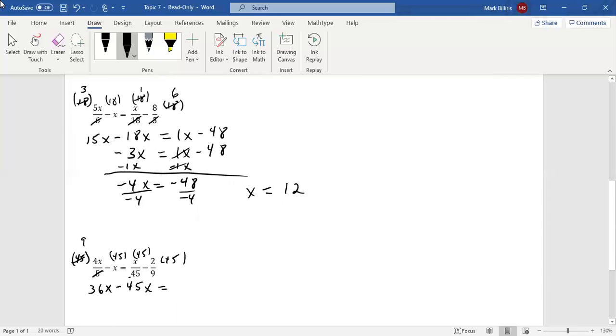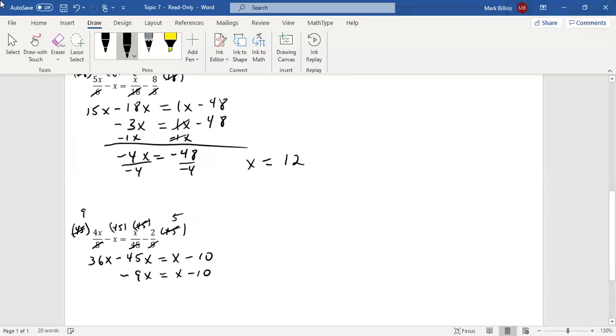And then 45 reduces, and that equals 1x. Next, 9 divides into 45 5 times, and negative 2 times 5 is negative 10. So we're going to isolate, but before we isolate, we combine like terms. So 36x minus 45x is negative 9x.